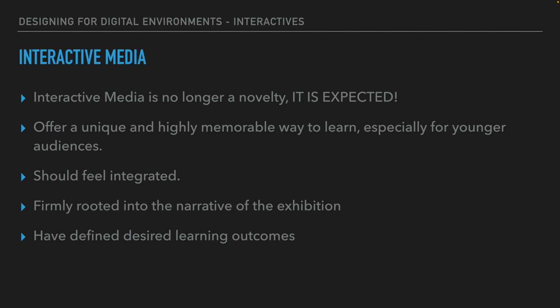So as we start to think about what that outcome is, they aren't usually super complex. We're not talking about 6 or 7 different outcomes usually. Usually there's 1 or 2 desired learning outcomes based upon the interactive element that you've added into that exhibition space.